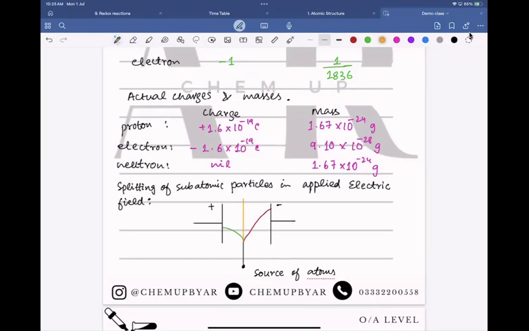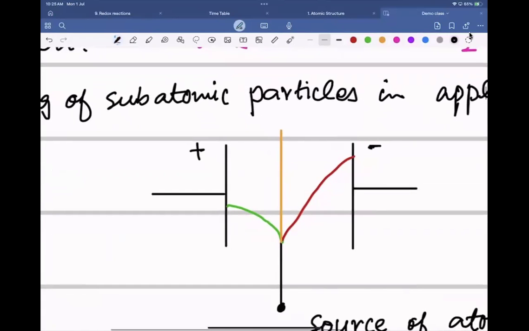So if you see, we can conclude the particles which move in a straight direction and are not influenced by any field are neutral particles, right? So that's why we call them neutrons, not protons. Sorry, my bad. Okay. And the one which deflected towards the negative plate must be positive, right?